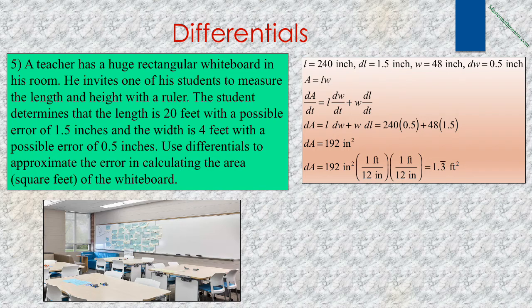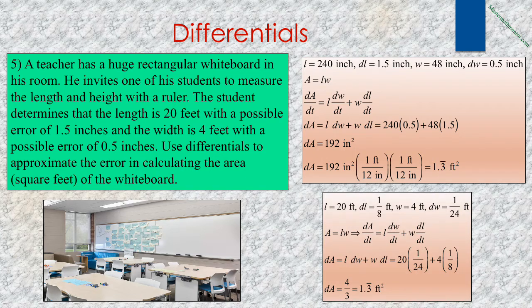We then plug in our numbers, 240 times 0.5 plus 48 times 1.5, and our dA is equal to 192 square inches. Since we want our answer in terms of square feet, we will then multiply by 1 foot over 12 inches times 1 foot over 12 inches to get 1.333 or 1.3 bar square feet.